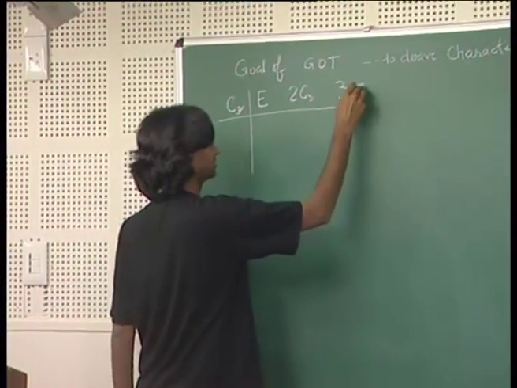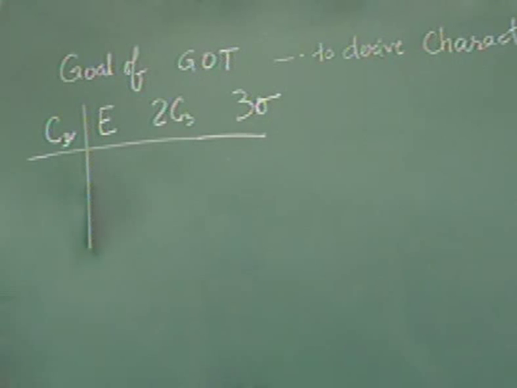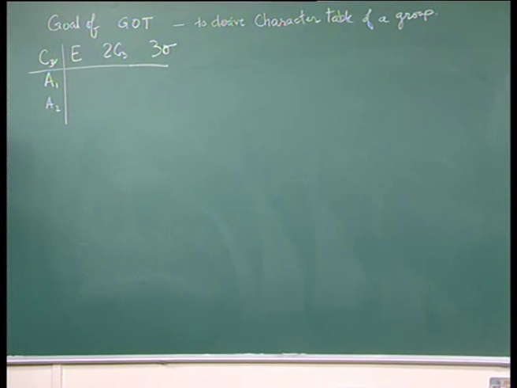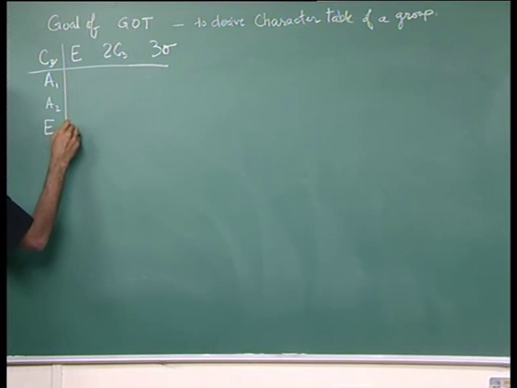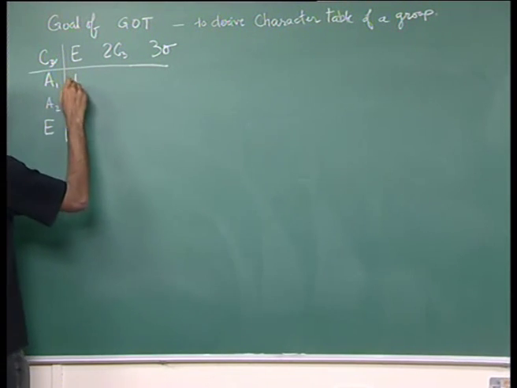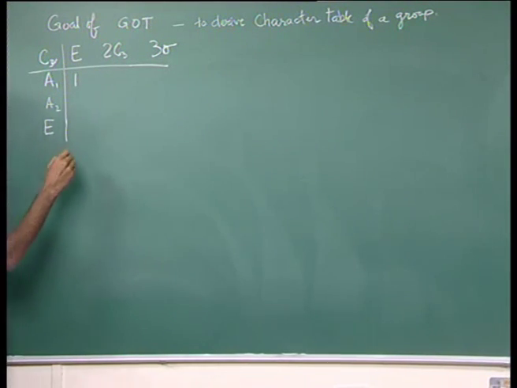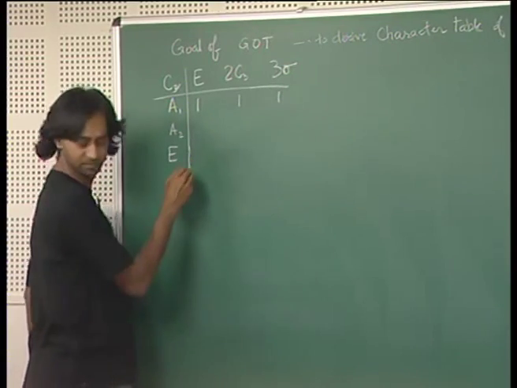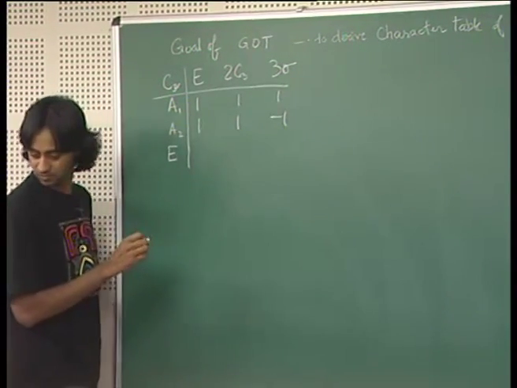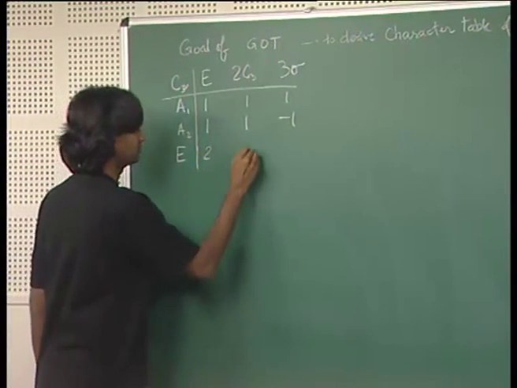Okay. So, you will find something like this, and then you will see A1, A2 and E. I will show only part of the character table. So, you will find 1 1 1, 1 1 minus 1, then you will find 2 minus 1 0.